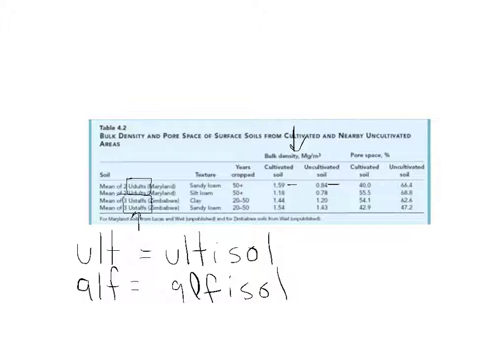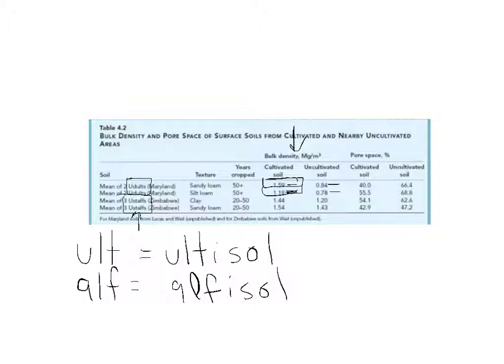When we move on to a silt loam, okay, silt loam has a 1.18 with cultivation and a 0.78 without cultivation. Okay, so you'll notice that as we said before, it's not 100% of the time, but generally speaking, we've got a higher bulk density for our sands than we do typically for our other silts and clays.